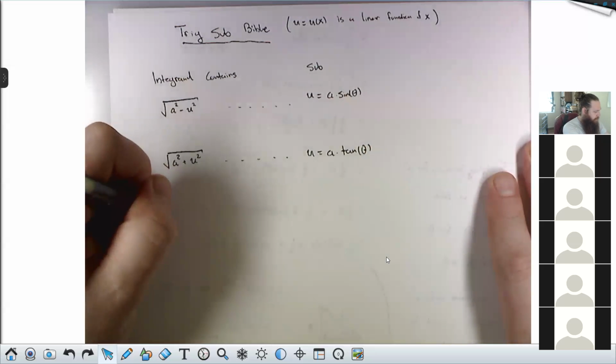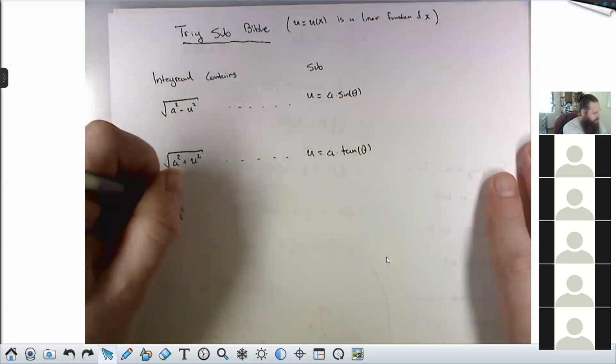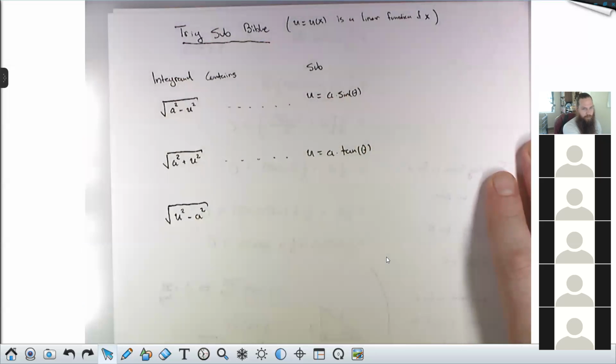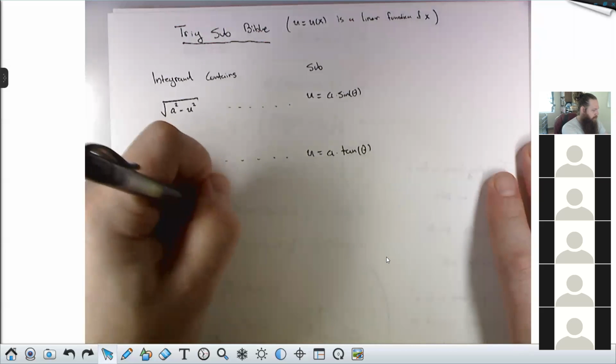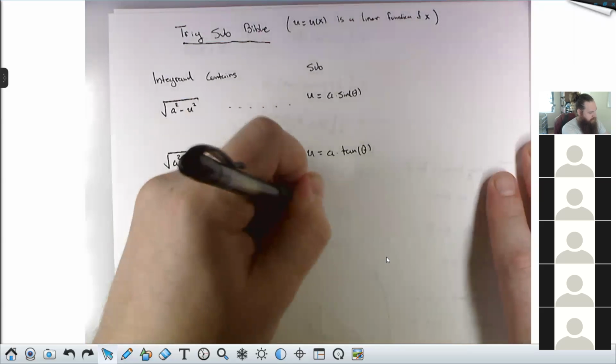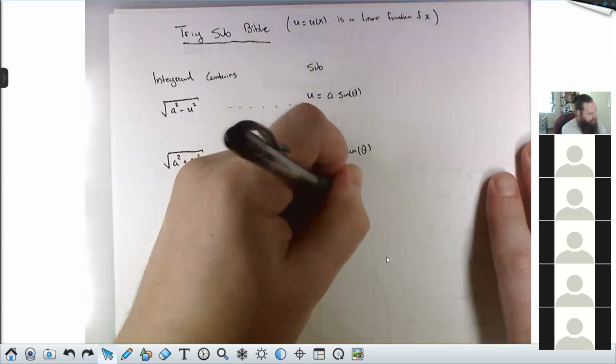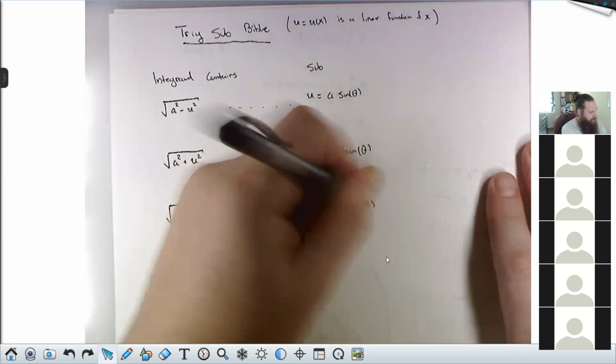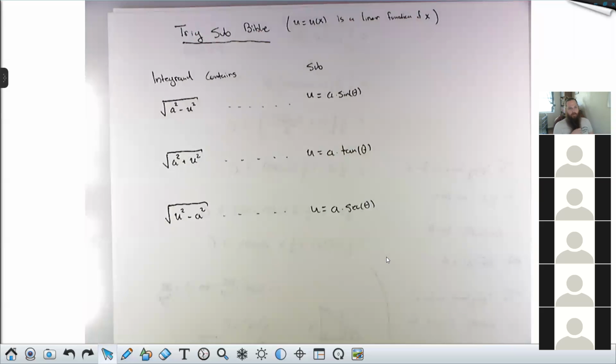And if your integrand contains an expression of the form square root u squared minus a squared, so the variable stuff comes first, so they're being subtracted, then you're going to make the substitution u equals a times the secant of theta. And the reason for each of these is the associated Pythagorean identity. Here, a squared plus u squared is going to be a squared plus a squared tan squared theta, which is a squared times tan squared plus 1, which is secant squared, so it'll come out nice.